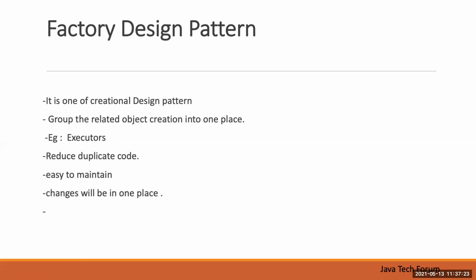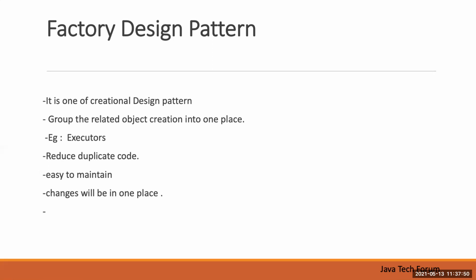Then you may end up writing the same code in multiple places. Whenever you require a thread pool object, you need to create a new object, and that code will be repeated wherever you want it.